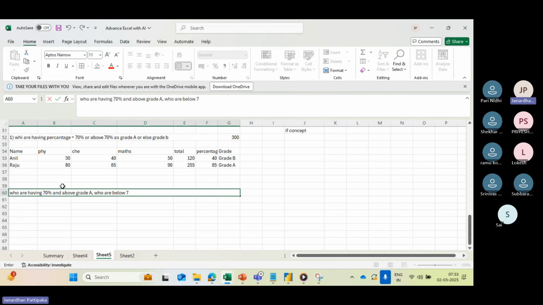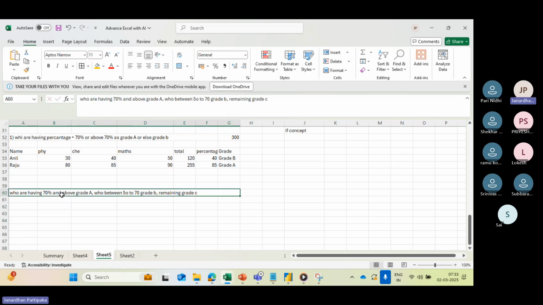So who are between 50 to 70, I want to mention it as grade B, or remaining, I want to mention them as grade C.